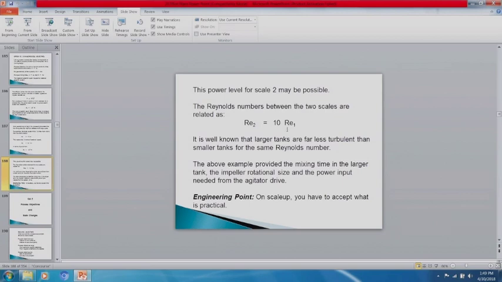Reynolds number, well, there it is, 10 times the Reynolds number. It is well known that large tanks are far less turbulent than smaller tanks for the same Reynolds number. It's very important to realize that. So on scale up, you have to accept what is practical. That means you may have to change your process objectives, and you may have to change your geometry. Both are very important.